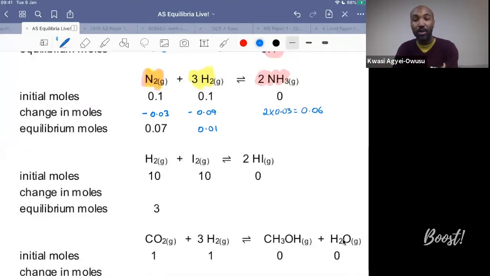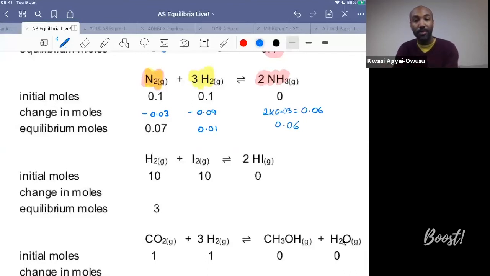Okay, so 0.06 moles of ammonia has been formed, and therefore the equilibrium moles is 0 plus 0.06, and that would be your equilibrium amount.